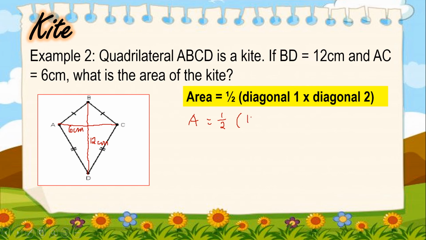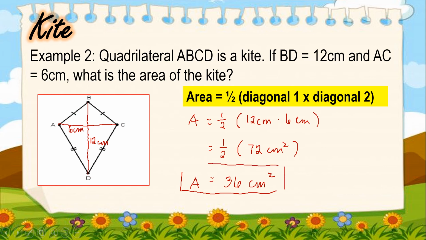So we have 12 centimeters times 6 centimeters. 12 times 6 is equal to 72. So we have 72 square centimeters. Now, what is 1/2 of 72 square centimeters? 1/2 times 72 is 36. Therefore, the area of the given kite is 36 square centimeters.